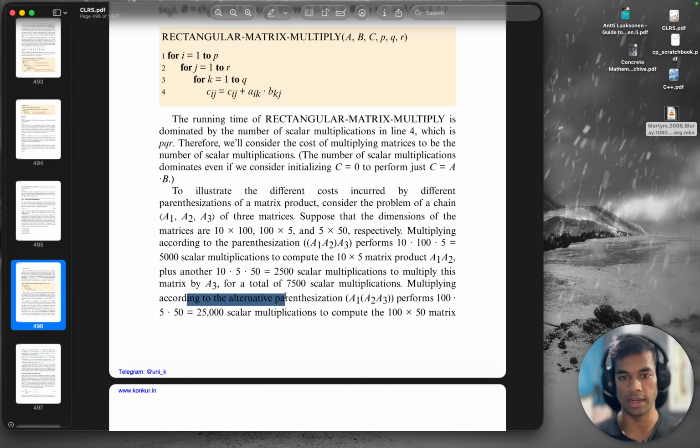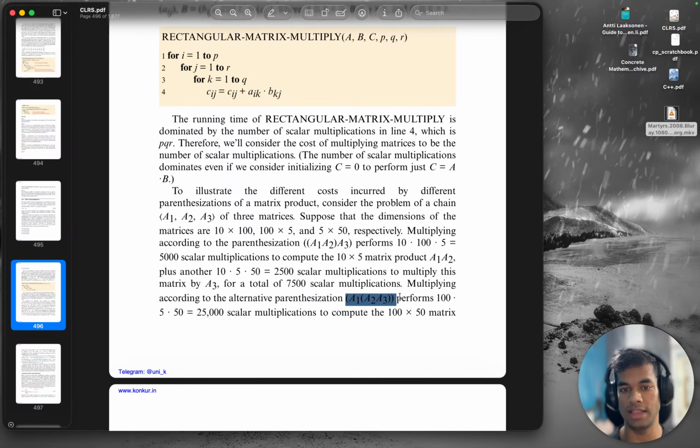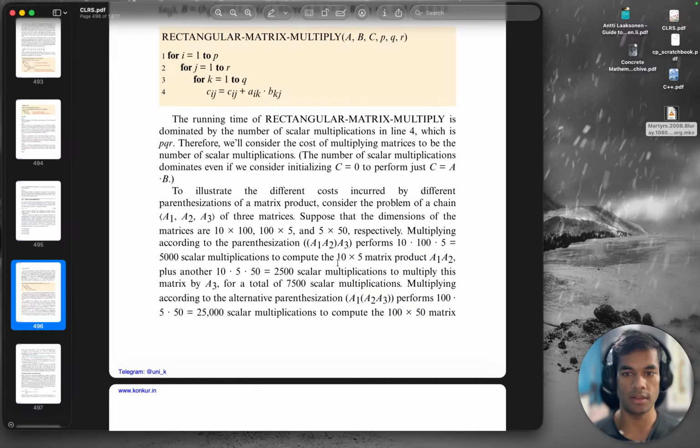Now multiplying according to the alternative parenthesization, that is, multiply A2 and A3 first and then multiply by A1. The number of scalar multiplications for A2 into A3 is going to be 100 into 5, 500, 500 into 50, which is 25,000, because 100 into 50 is 5000, and 5000 into 5 is 25,000.